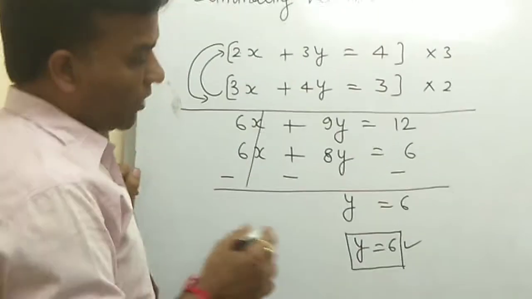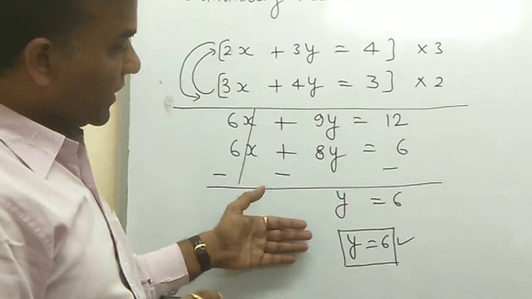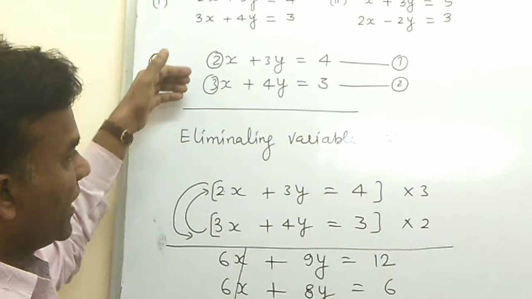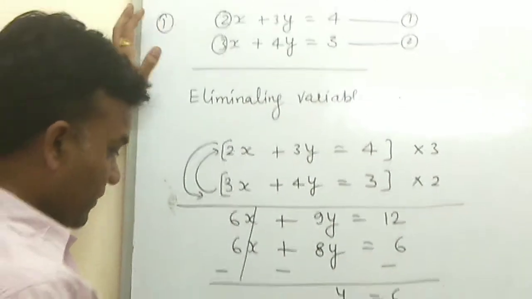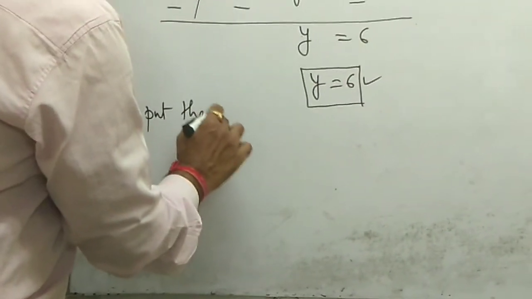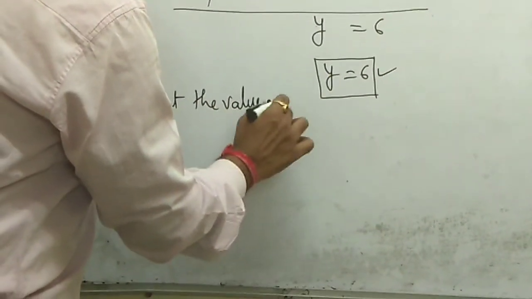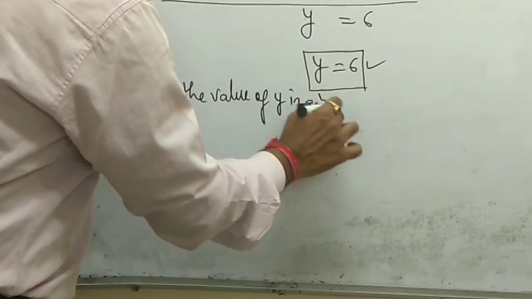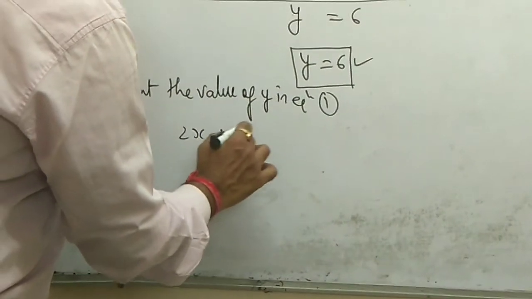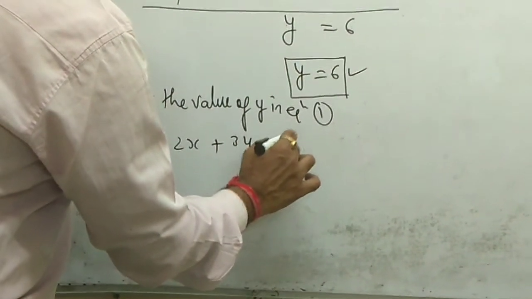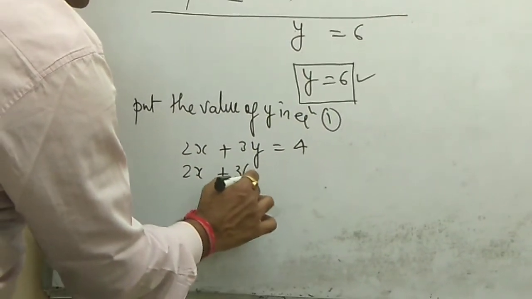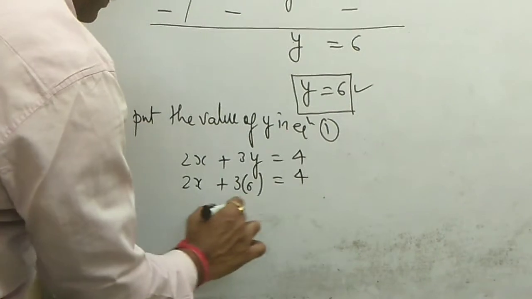Then, since you have y, you now find the value of variable x. You can put it in equation 1 or equation 2, it depends on you. Here we consider equation 1. So put the value of y in equation 1. The equation is 2x plus 3y equals 4, so you write 2x plus 3 into 6 equals 4.